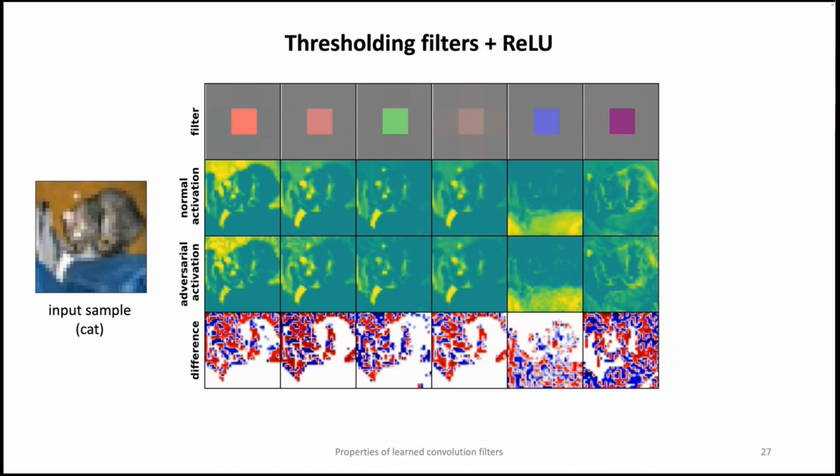We looked at what happens if you do a normal activation versus an adversarial activation. What is the purpose of these filters? We just plotted the difference against each other. What you can see is that these filters are apparently, in combination with the activation function, very successful in removing the perturbation in certain parts of the image.